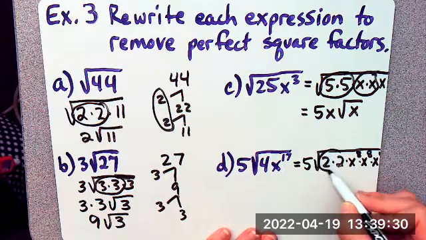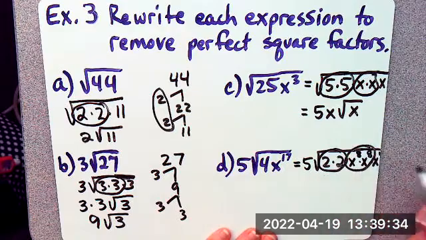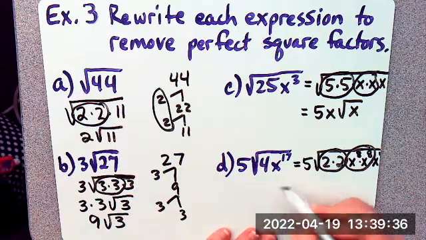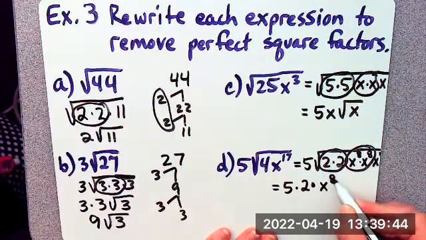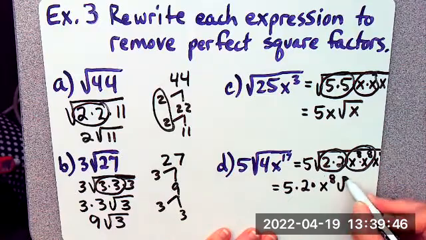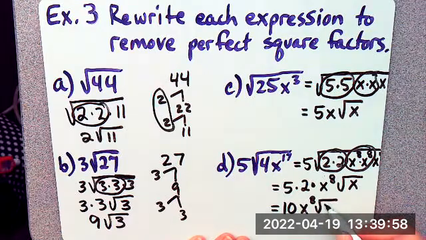So I have a pair of 2's that can leave the house and a pair of x to the 8th that can leave the house. So this ends up being 5 times 2 and then times x to the 8th, with that one remaining x in the square root house. So then I end up with my final answer of 10 x to the 8th square root x.